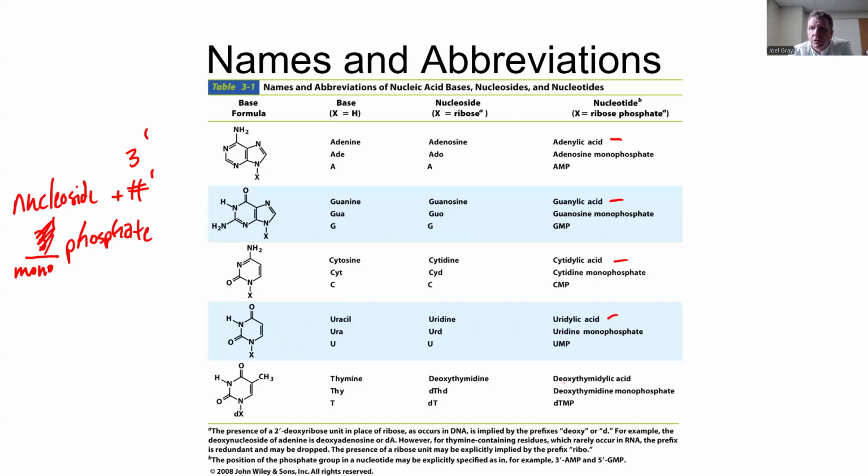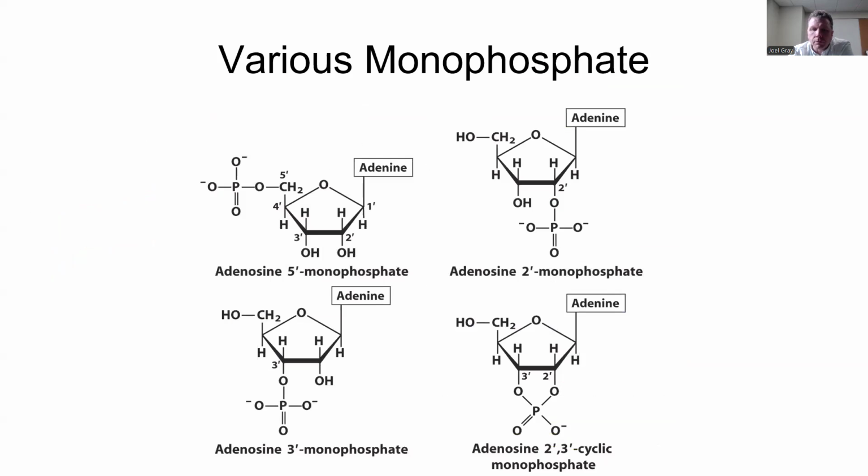The primed number is in reference to the atoms of the sugar, whereas the non-primed are referencing the atoms of the nitrogenous base. Now, there's a couple of different monophosphates that you'll see from time to time. For instance, adenosine monophosphate, adenosine 2 prime monophosphate, and adenosine 3 prime monophosphate. These are your most common.